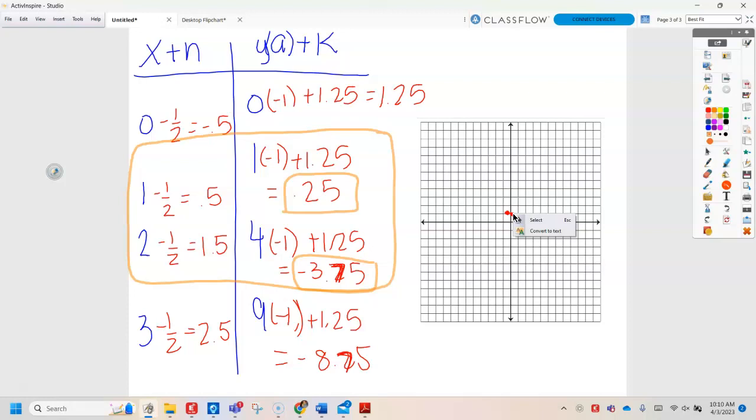Plot 0.5, 0.25. Plot 1.5, negative 3.75, and then 2.5, negative 8.75.